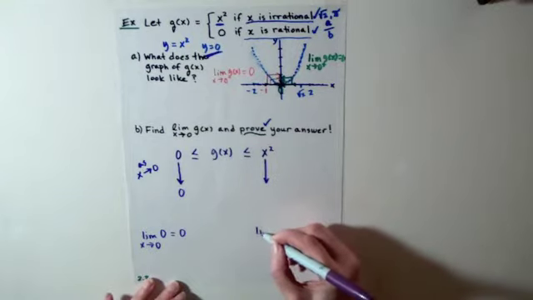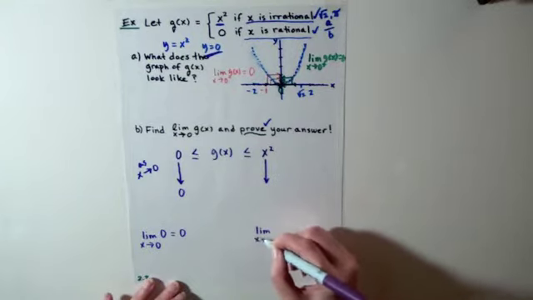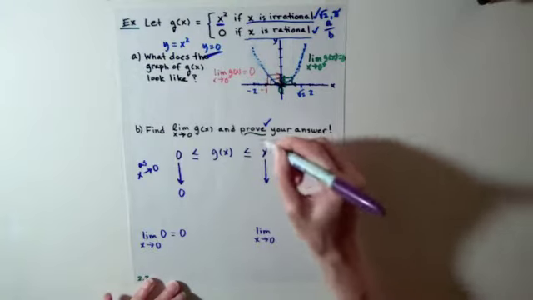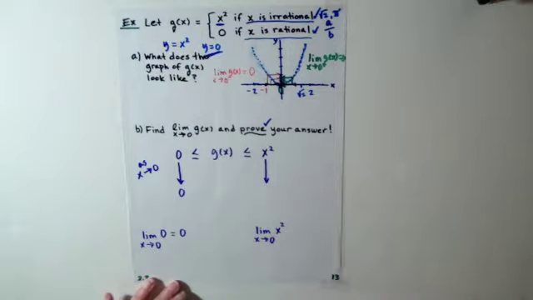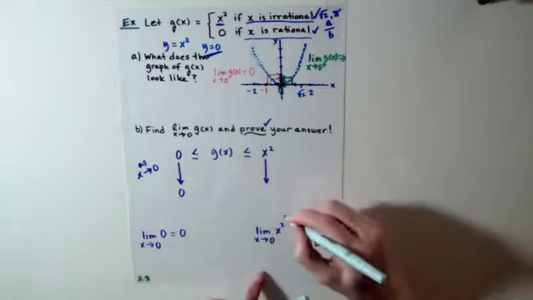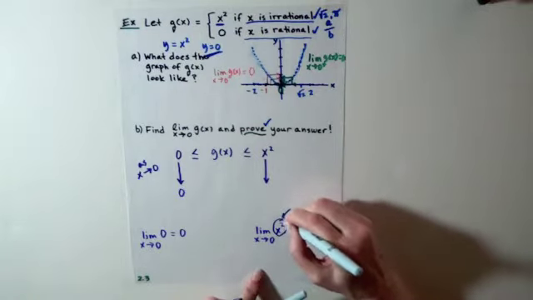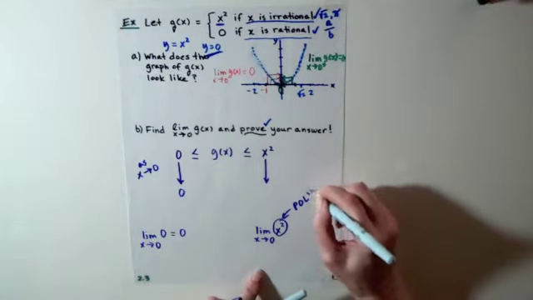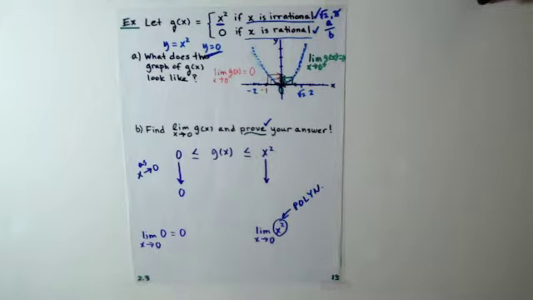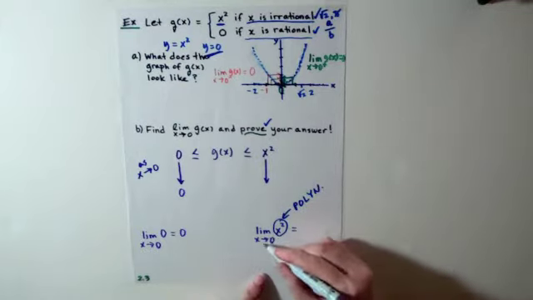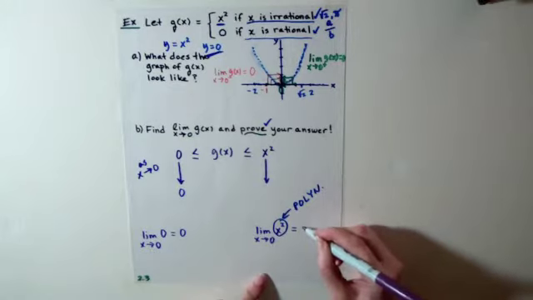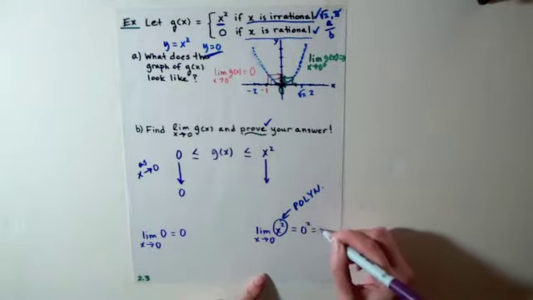If I were to look at the limit as x approaches 0 of the function that's bounding g of x on the right, well, what kind of function is that? It is a polynomial. So how do we find the limit of a polynomial? We get to use direct substitution. And so the limit as x approaches 0 of x squared is just 0 squared, or 0.